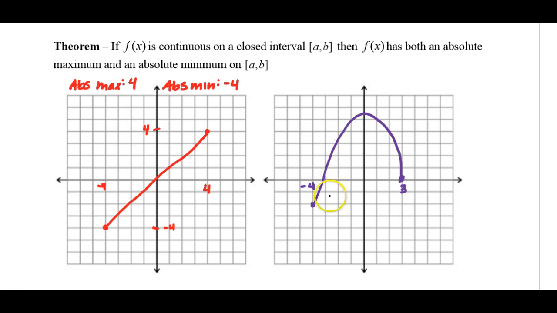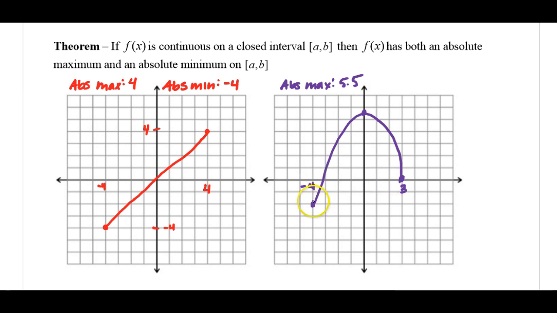On this particular graph, there is an absolute maximum. So there is a biggest y value on this function. It is happening, what looks like up here on my sketch, at, let's say, 5.5. So my absolute maximum on this graph is at 5.5. And my absolute minimum, well, I am including the endpoints here.